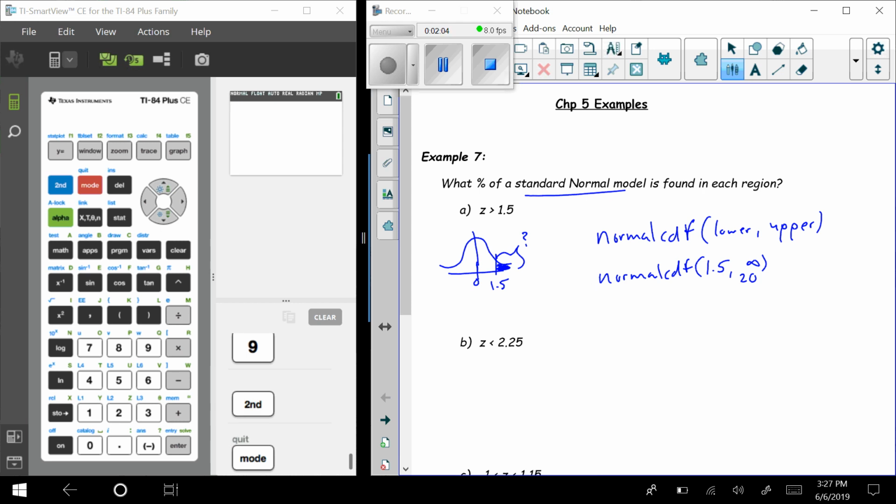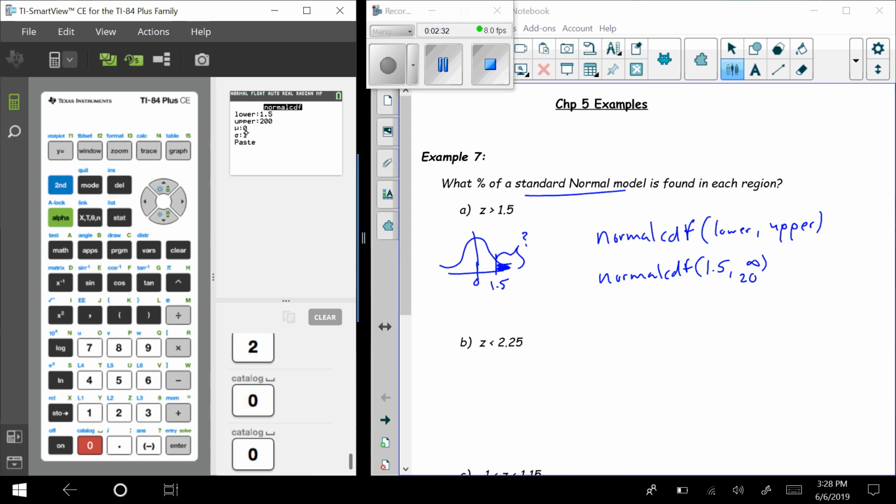Come over here to the calculator, and we're looking for distributions, which is right here where I'm hovering above. It's the blue part of the variables, so we hit second, Vars, here we have the distributions, right? We're looking for normal CDF, not PDF. We go down to number 2. We hit enter. The lower bound now is 1.5. Type that in. The upper bound, remember, you can put a bunch of different things. You can put 20, you can put 200.